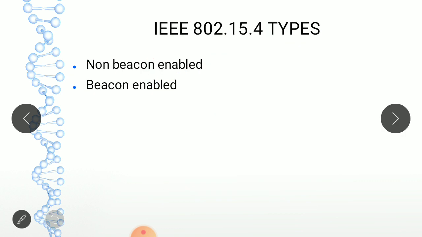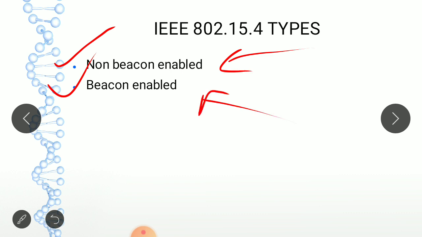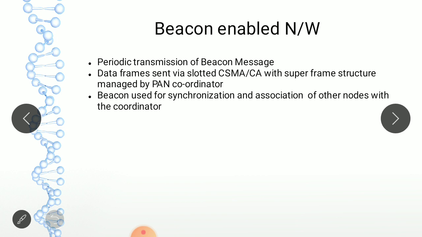Now it has two types: non-beacon enabled and beacon enabled. First we talk about the beacon enabled network.